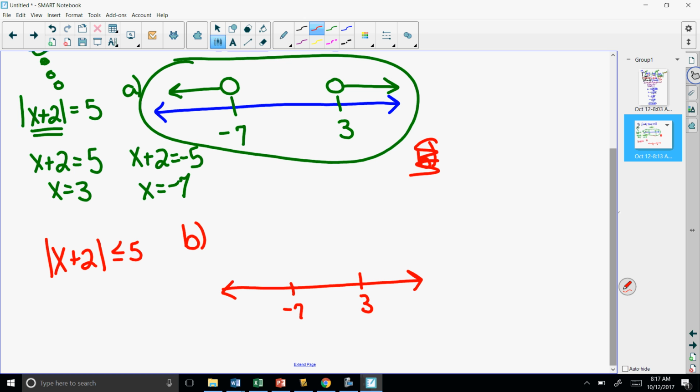Yes, because it says equal to, and that gives you 5, and that's equal to 5. So that becomes a closed circle. Does 3 work? Yes, 3 makes it a true equation, so we make that a closed circle. We pick those values again. Does 0 work? Yes. We know that it's going to be the interval between them, and you have part B.